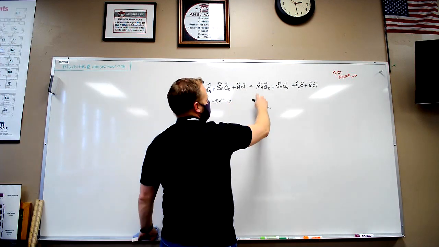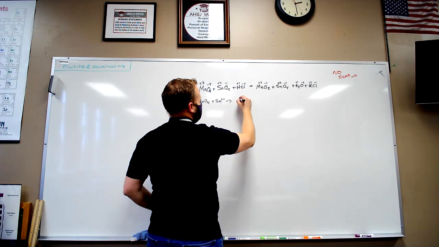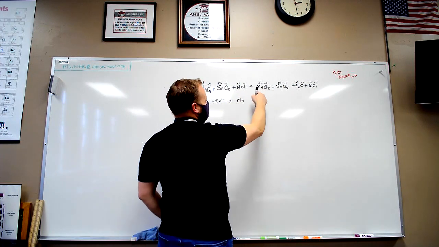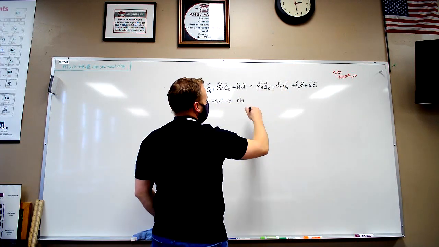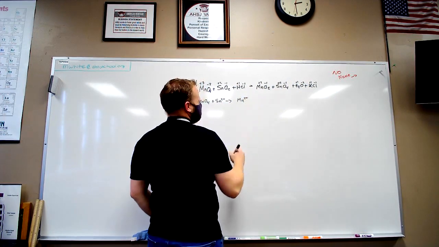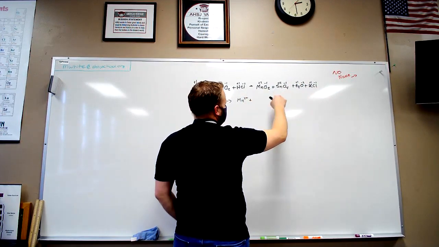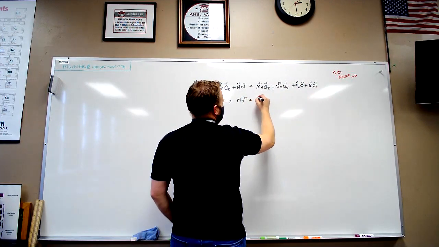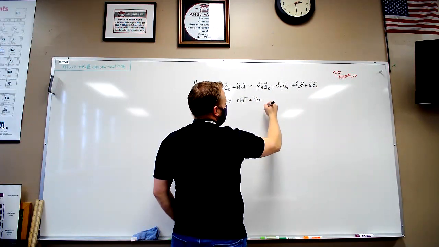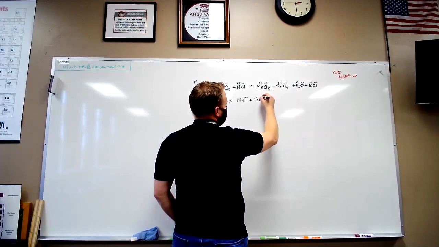So now we say, okay, we need our manganese. Once again, this is an ionic one, so we're going to get rid of chlorine. And this is going to be plus again. Ionic, so we're going to get rid of it. And this one is going to be 1.